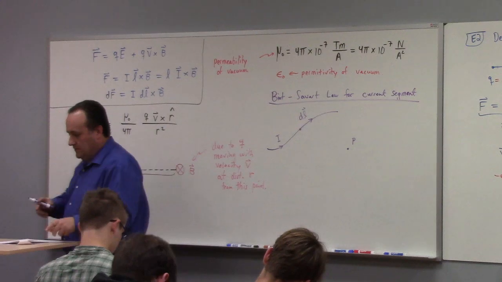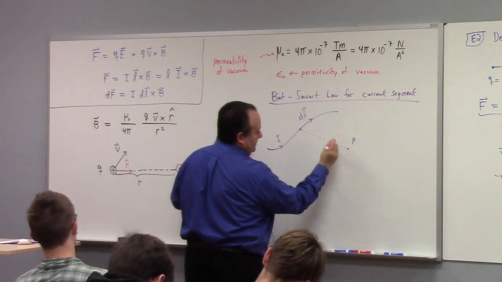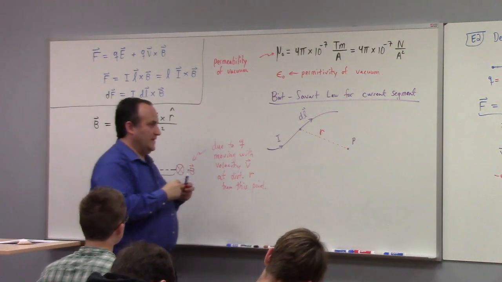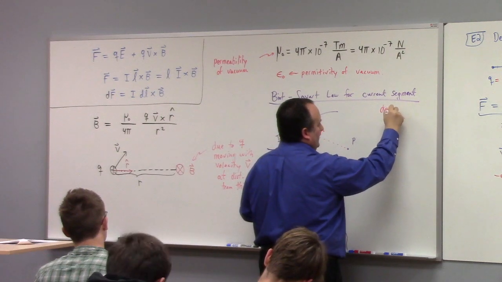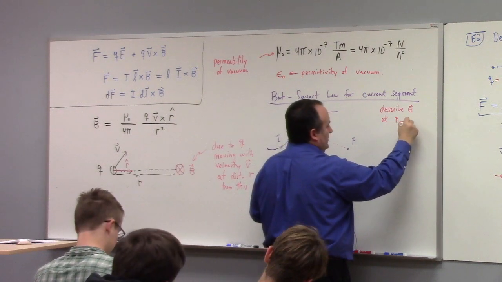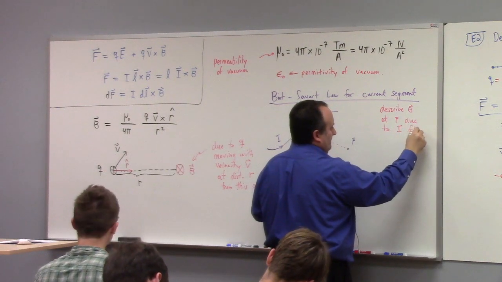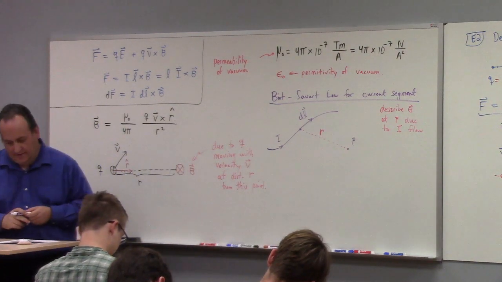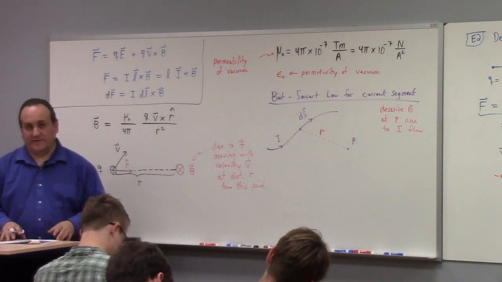Then you need to calculate the distance from here to here, which is going to be r. So what I'm trying to figure out is the magnetic field at P due to I flow, calculating just the infinitesimal contribution due to that little dl.